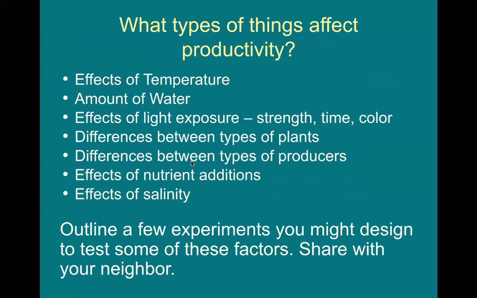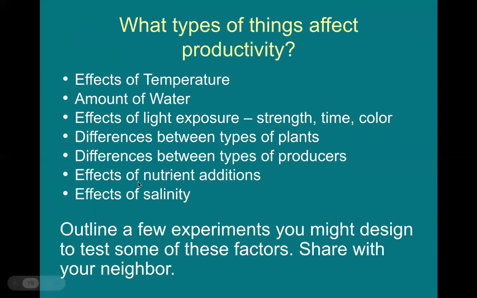Then we can look at things that affect levels of productivity. Temperature, of course, as we saw with deserts and their extreme temperatures. The amount of water is another huge one. Insolation and light exposure. You can actually have different types of plants at high elevation, because there's more ultraviolet light, which can affect their growth.